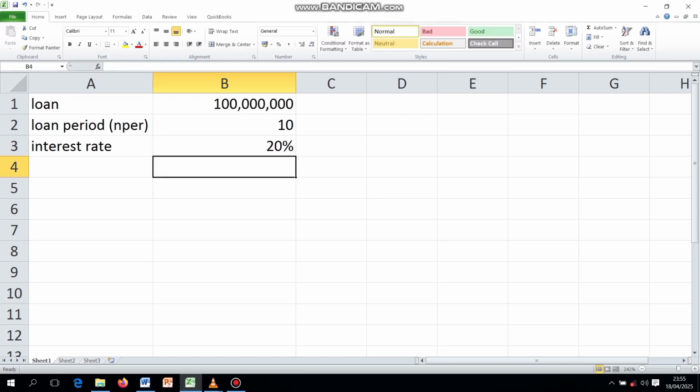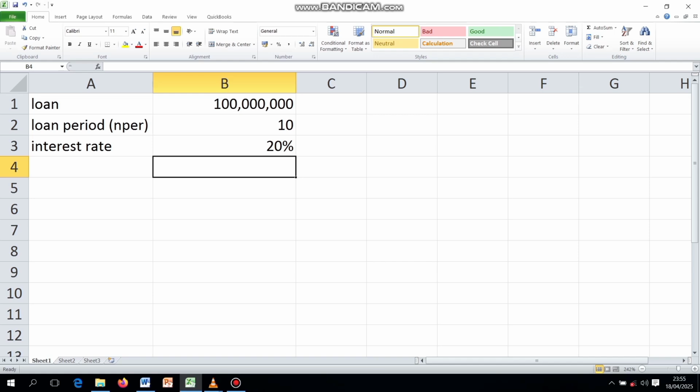Yeah, so this is the key information that I'm going to need, but there are also other information that I can derive from these ones that will also be needed.